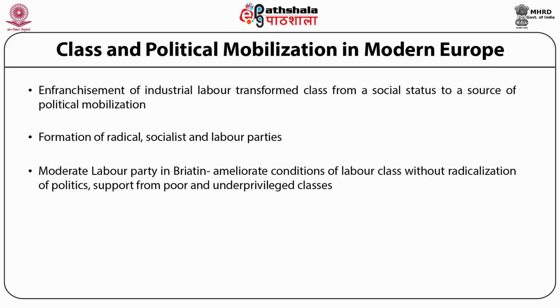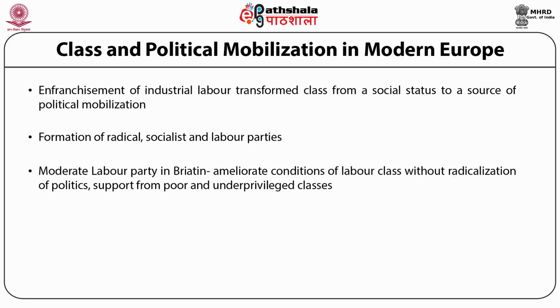This party derived its support from the poor and underprivileged classes, primarily because it raised the cause of these classes, and whenever it came to power, it tried to accommodate the interests and aspirations of the underprivileged and the marginalized classes in British society.